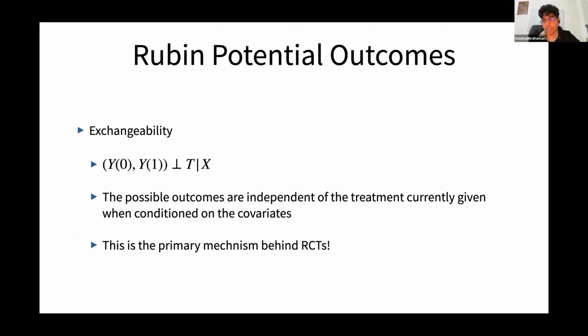In RCTs, we randomize, so that the statistical distributions of the treated and untreated groups should be similar enough. So it's really only the treatment, at a distributional level, that determines the effect. This is why we randomize: it tries to exploit this whole concept of exchangeability.